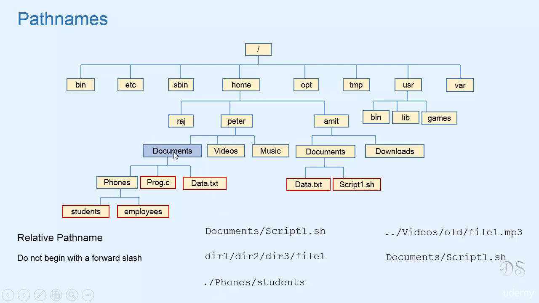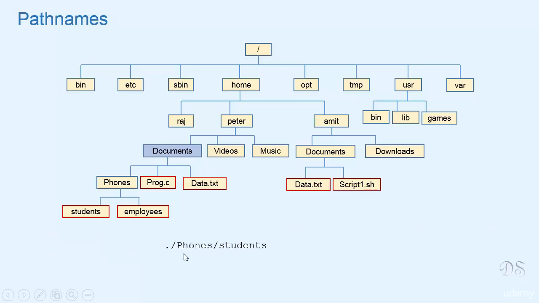So from inside this directory, if we want to access this file students, then we can specify this relative path name instead of this absolute path name. The single dot represents the current directory. It is implicitly included whenever we specify a path name that starts with a directory name or when we specify a simple file name.